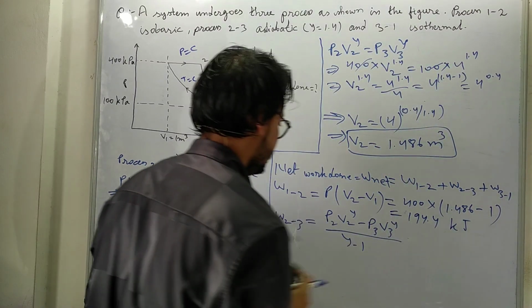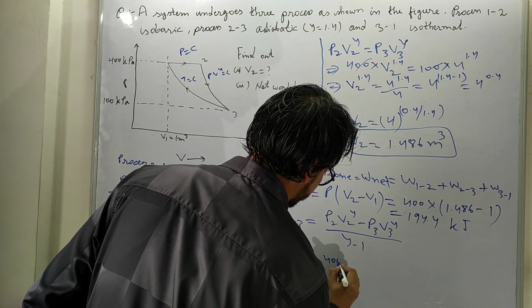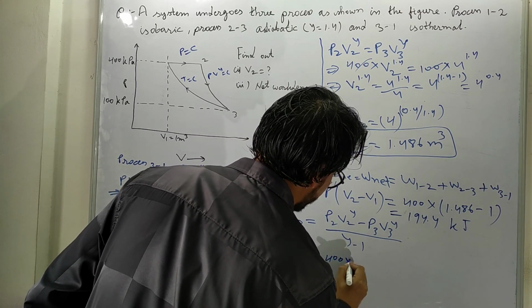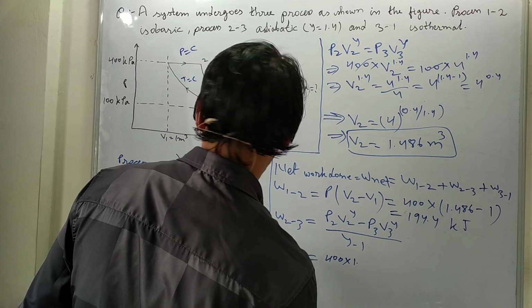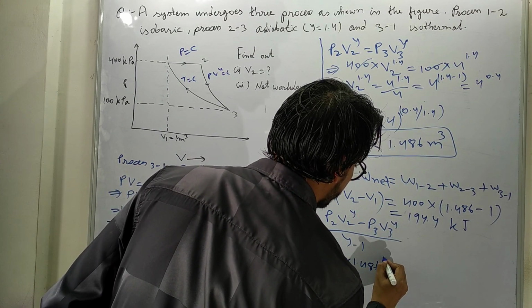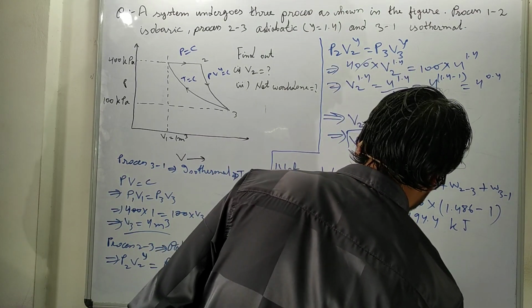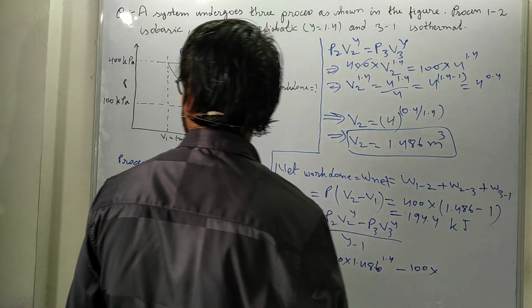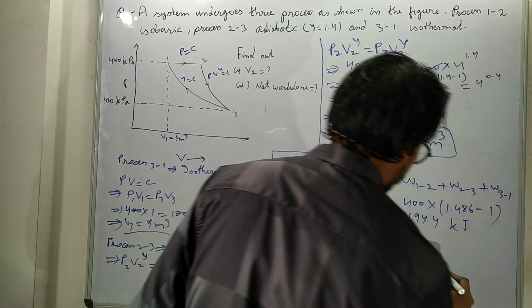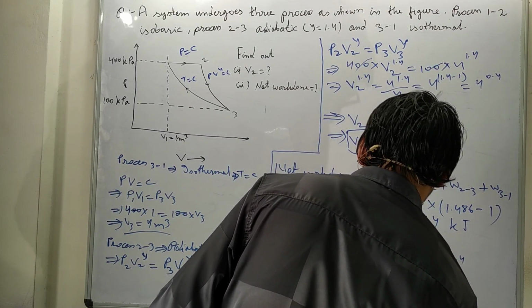let's put here P2, it is 400 into V2, 1.486 to the power gamma, that is 1.4, minus P3 we have 100 into V3 we have calculated V3 as 4 to the power 1.4 by 1.4.